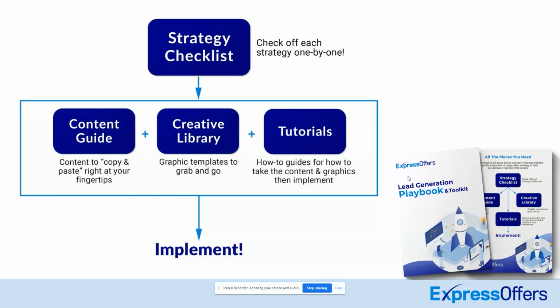So the idea, and I might start to repeat here, is all the tools you need at your fingertips to implement bite-sized strategies, 15, 20 minutes at a time. You can knock one or two out at a time and just keep working through the checklist. It's all about implementing those strategies.